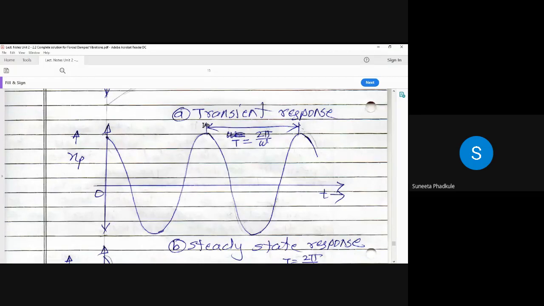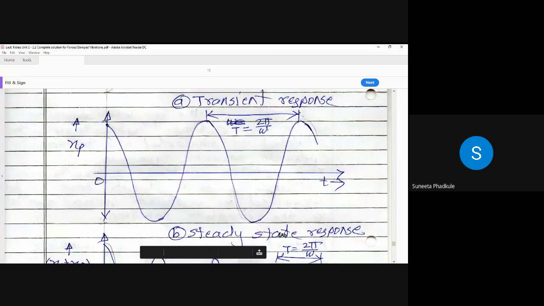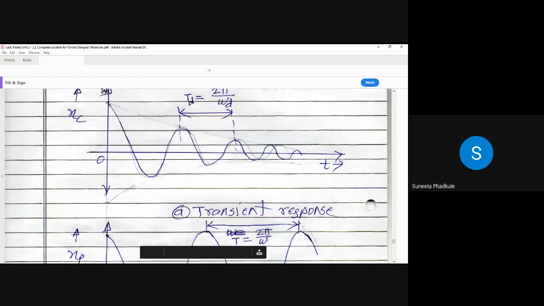But what is the time period for the steady state response? T is equal to 2 pi upon omega, because these are the vibrations taking place with omega, and these are the vibrations taking place with omega d, the damped natural frequency. Remember, these vibrations are taking place at frequency omega d, damped natural frequency.